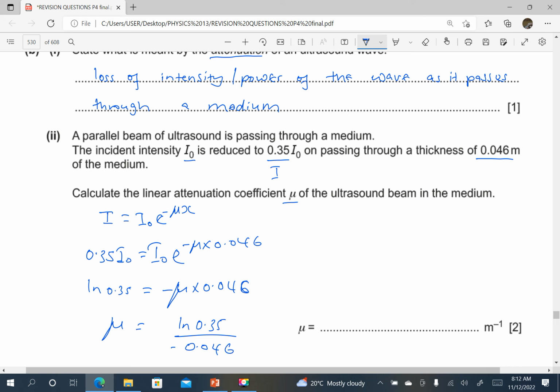You press your calculator. So from my calculator, I am getting 23 to two significant figures.